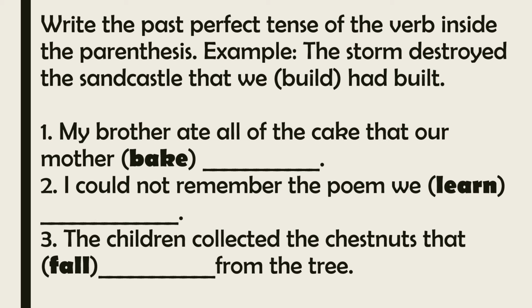Number one, my brother ate all the cake that our mother baked. Number two, I could not remember the poem we learned. Number three, the children collected the chestnuts that fell from the tree.